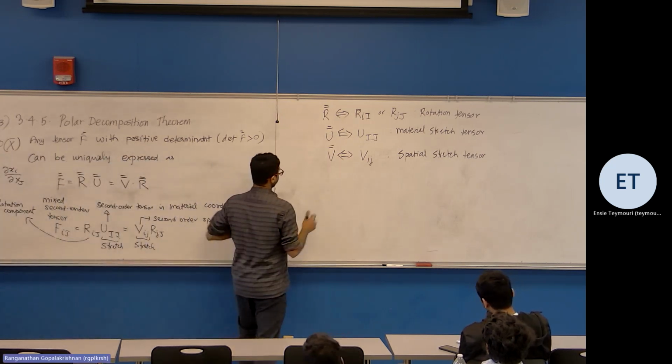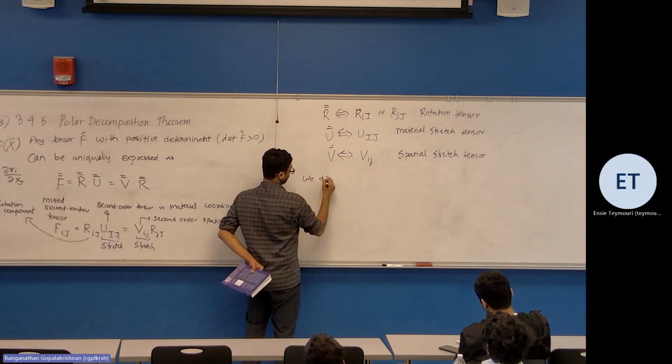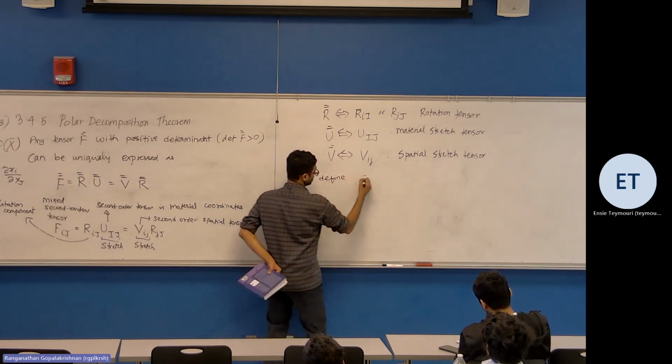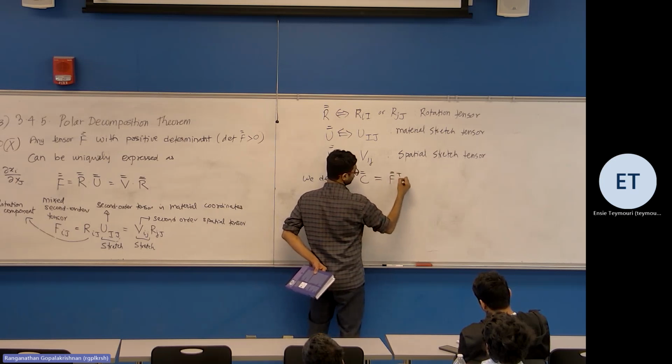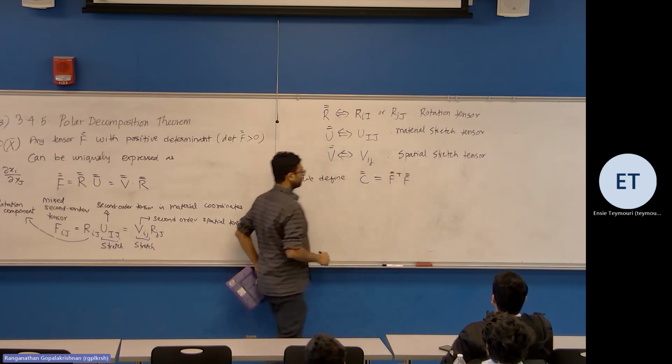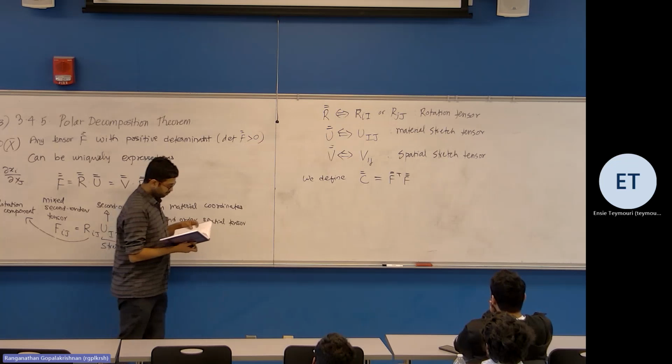So we define C, the quadratic form of F, which is defined as F transpose times F. Okay.